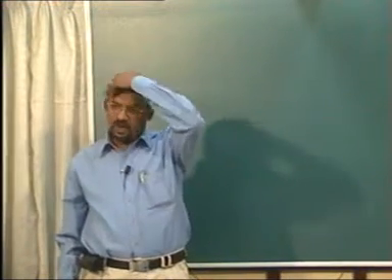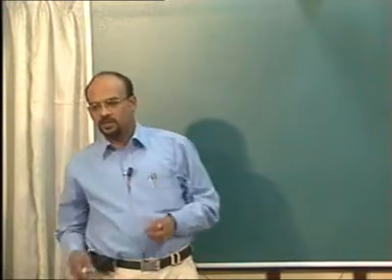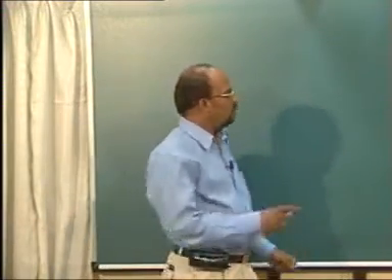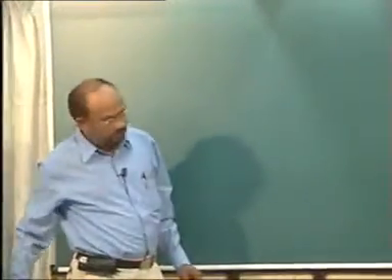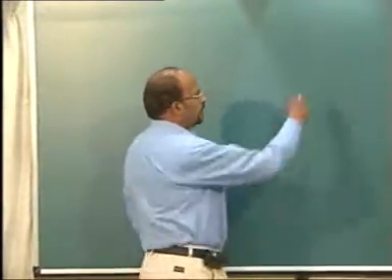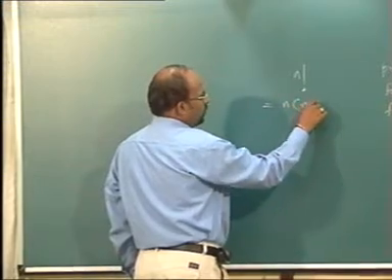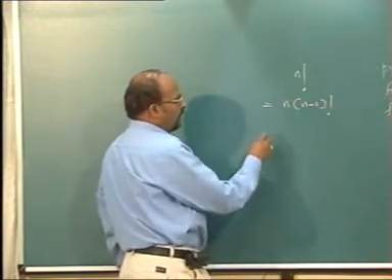What is the factorial? How do you define factorial? N factorial is defined as n into n minus 1 factorial.